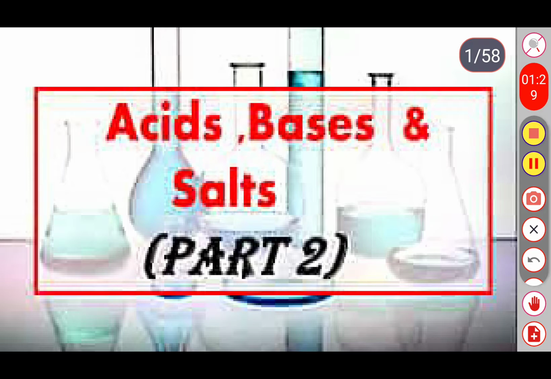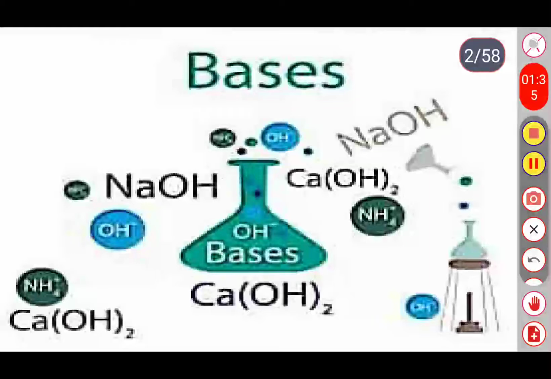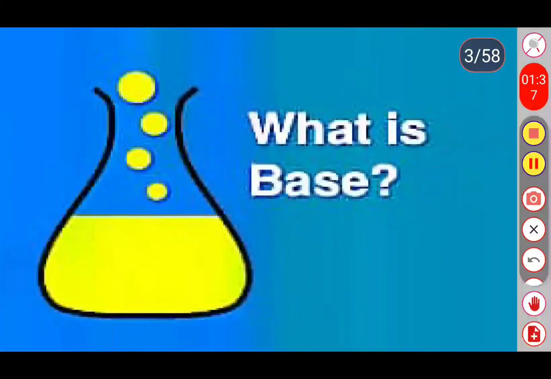Now let us discuss the next concept, that is bases. So what are bases? How are you going to identify the bases and what should be released when they dissolve in water? As we already know, hydrogen ions are released when acids are dissolved in water.